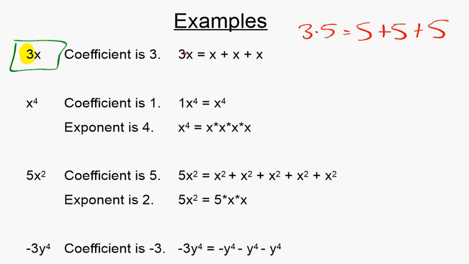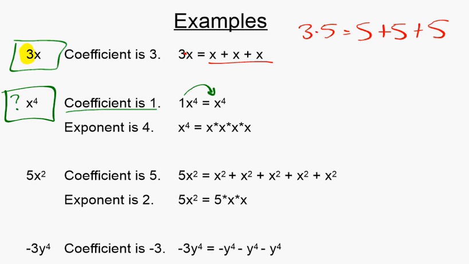So if I have 3 times x, that's the same as adding x 3 times. Now, if there isn't a coefficient, there's nothing in front of the variable. Looking at this one, we have x to the 4th power. Its coefficient is 1. 1 times x to the 4th is the same as just x to the 4th. You don't have to write coefficients of 1.